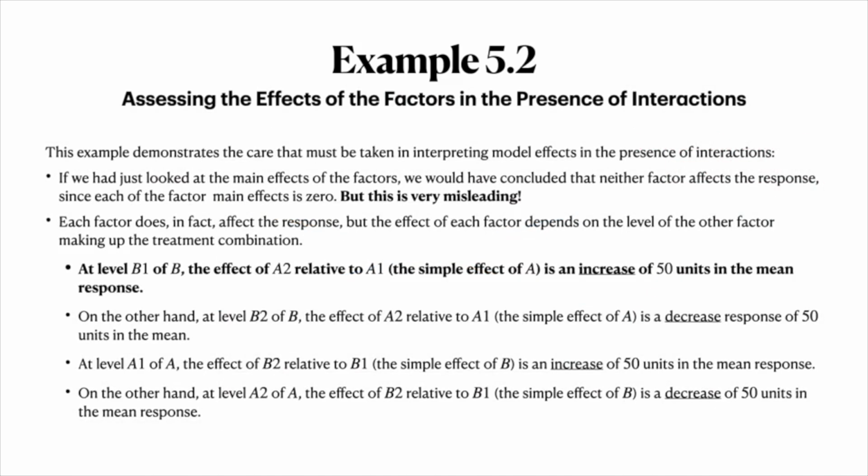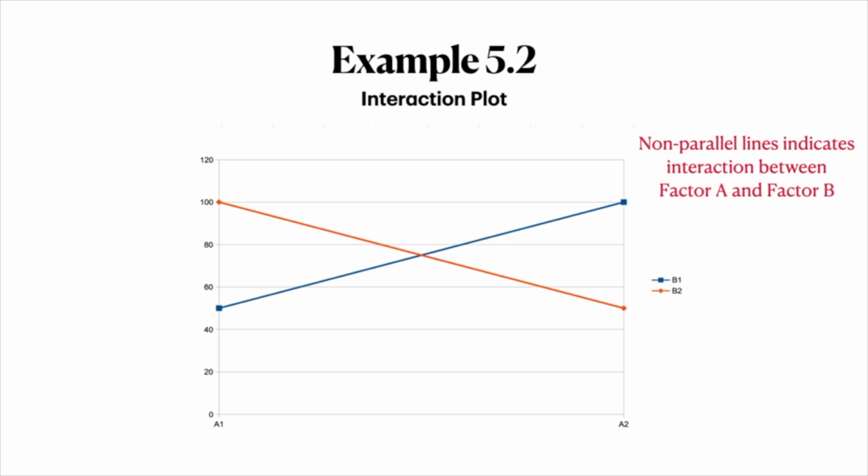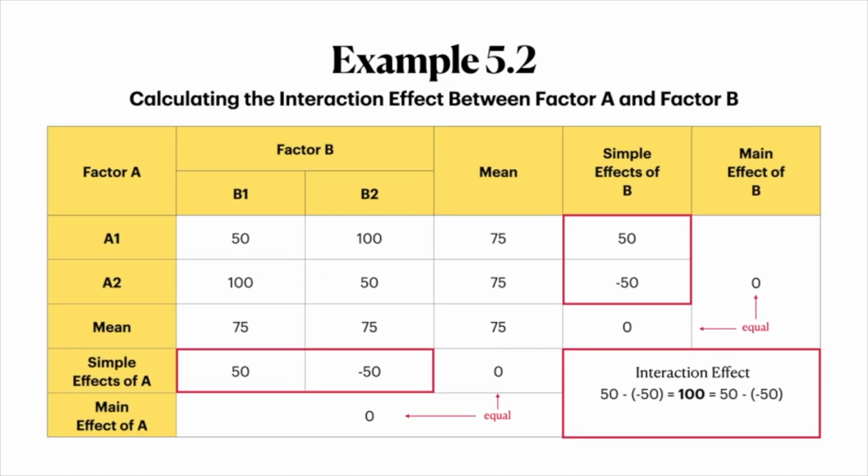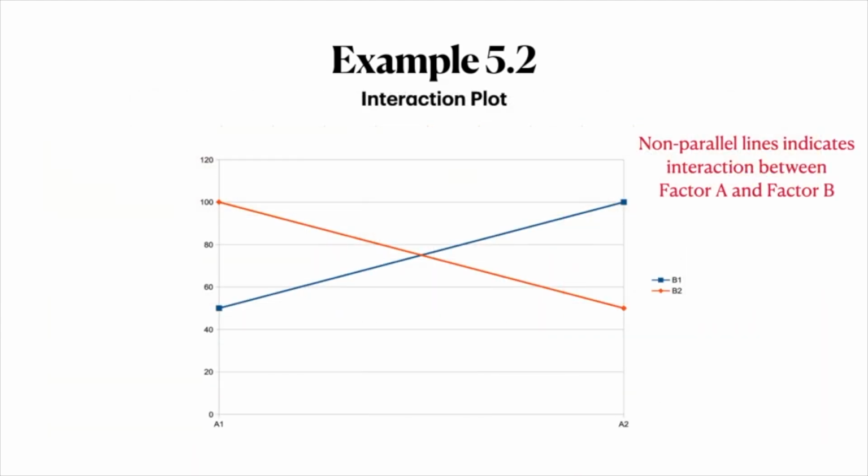Okay, so assessing the effects of the factors in the presence of interaction. When we have strong interaction, as in this example, given these treatment combination means, we've got a lot of interaction. The value of the interaction effect is 100, and we see here in the interaction plot that the lines are not only not parallel, but they cross, and so that indicates that we've got a lot of interaction here.